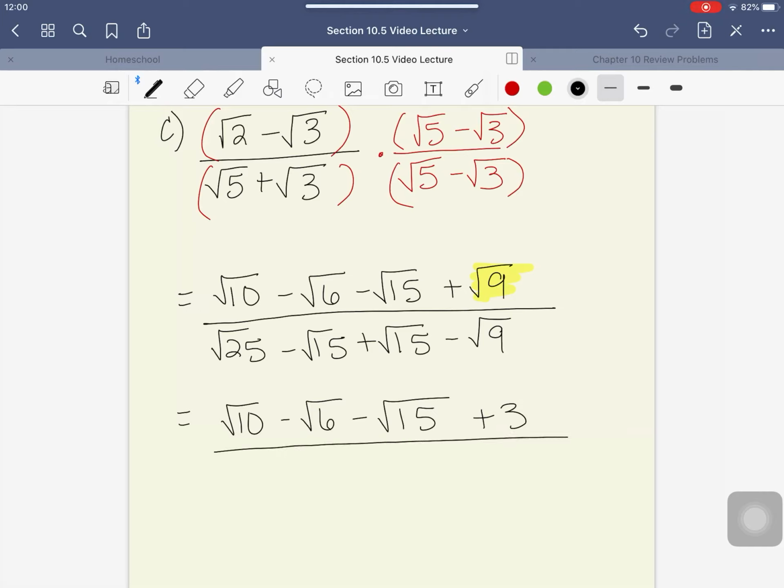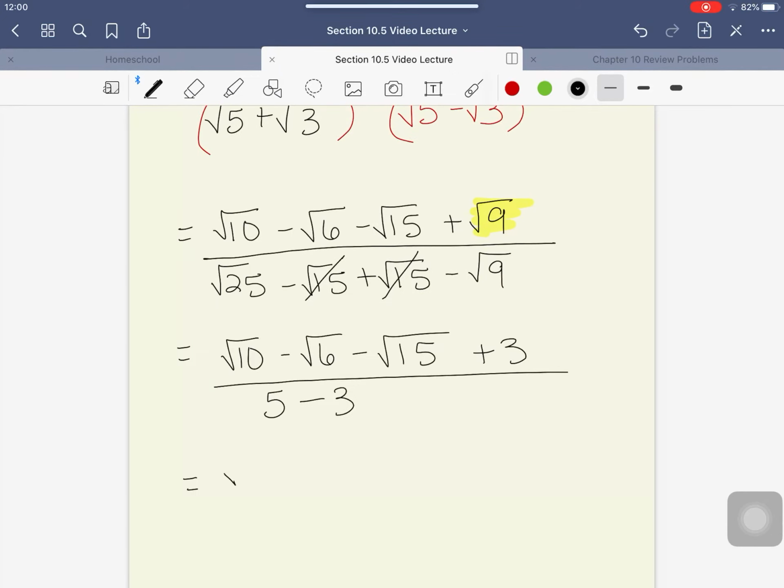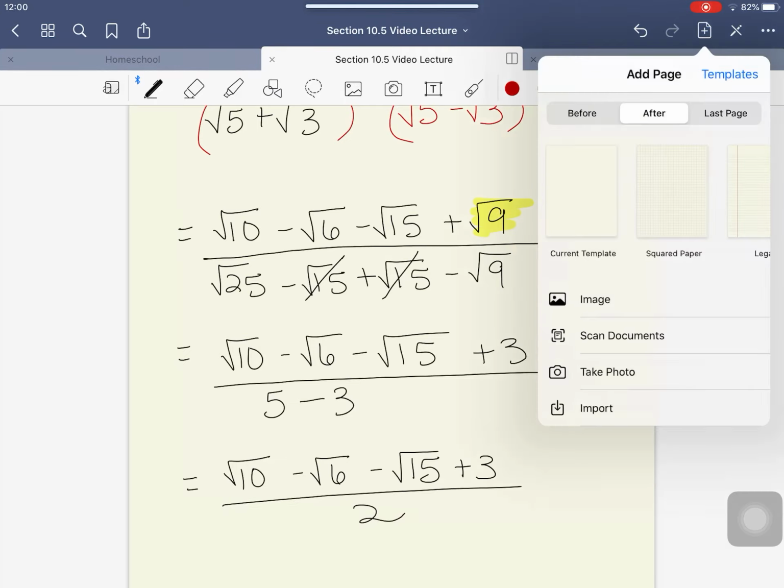In the denominator, these middle terms cancel. The square root of 25 is 5, and the square root of 9 is 3. So I will then put this over 2. And that's the final answer. Let's try another one.